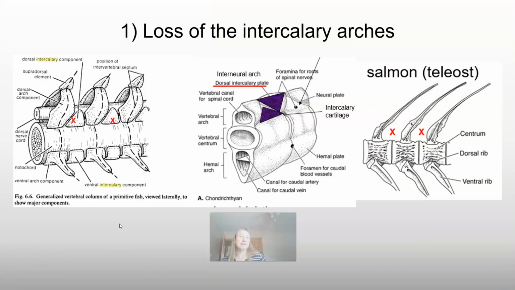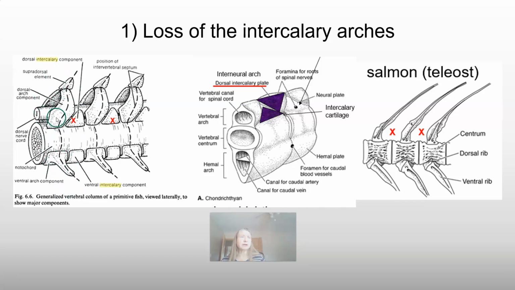All right, so what in the world am I talking about with loss of intercalary arches? We're going to start over here with a primitive fish. Here we have the notochord. We have the dorsal nerve cord. And we start to see these bony elements, so neural arches and hemal arches, dorsal and ventral components.